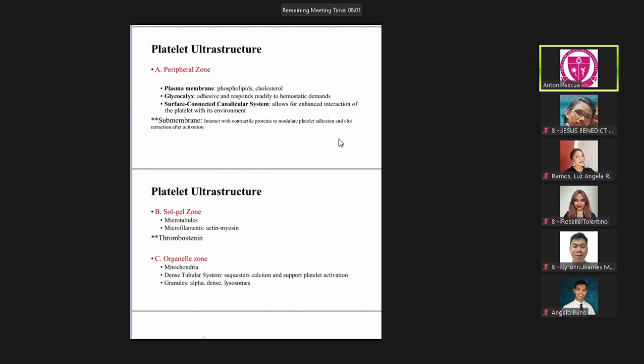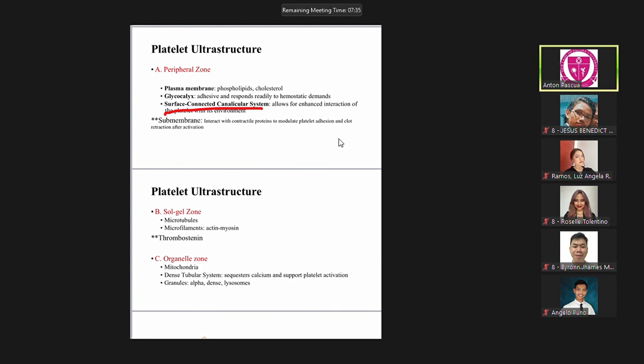Then you have here your open canalicular system or surface connected canalicular system. So parang kanal. Pag sinabi natin kanal, daanan, right? So it primarily controls the extracellular and intracellular activity of your platelets. So anything that will enter or leave your platelets will then pass on through your open canalicular system. Okay?